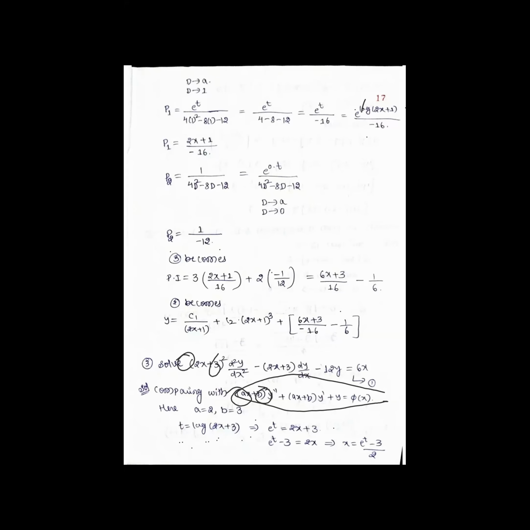So next, (2x plus 3) square y double dash is a square D minus 1 into y. a square is here 2, 2 square is 4. So this is 4D minus 1 into y. (2x plus 3) y dash is a into D of y.